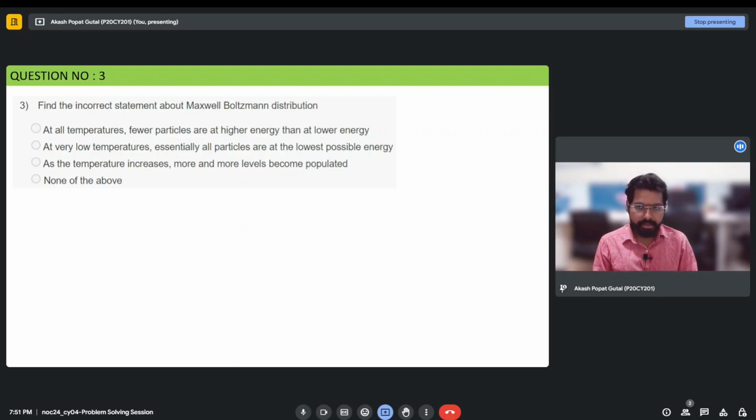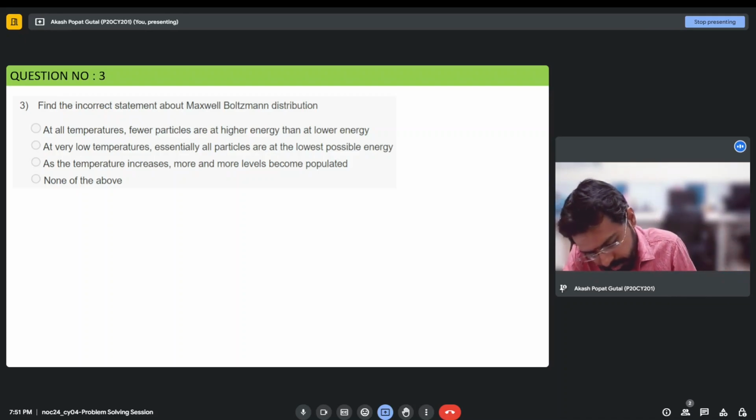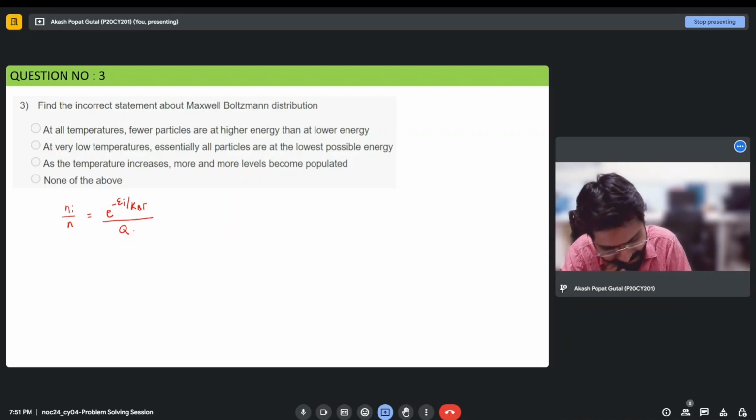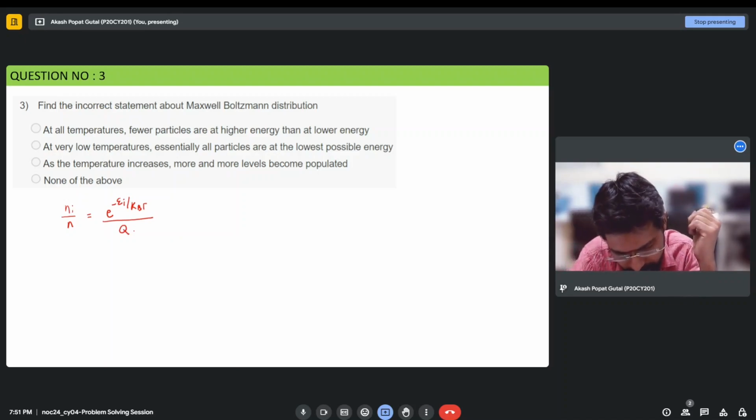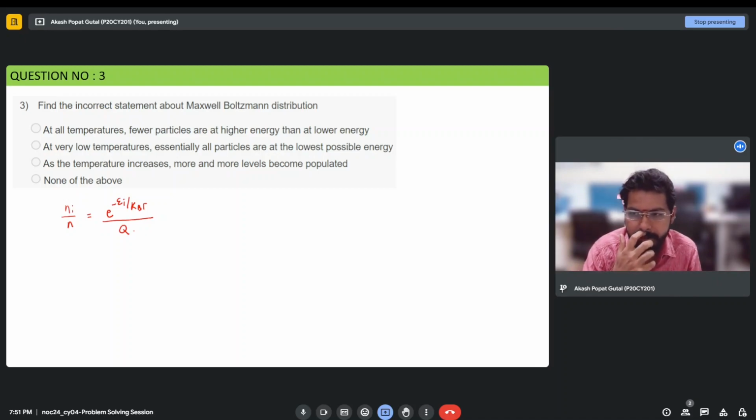So find the incorrect statement about the Maxwell-Boltzmann distribution. The first statement says that at all temperatures, fewer particles are at higher energy than at lower energy. If you consider the Maxwell-Boltzmann distribution, Ni by N is e raised to minus epsilon i by kBT, divided by Q. Q will not change; it depends upon the number of energy levels and the energies.